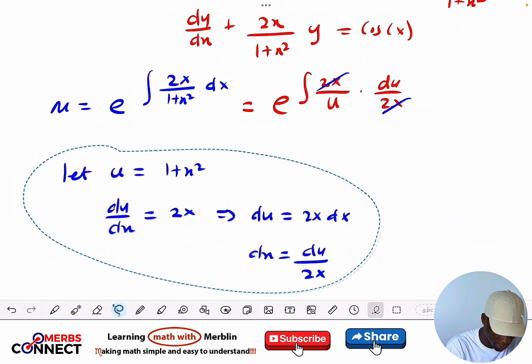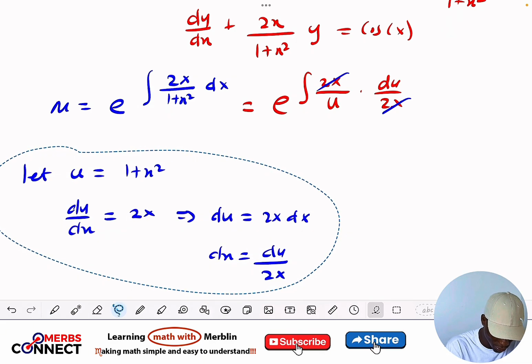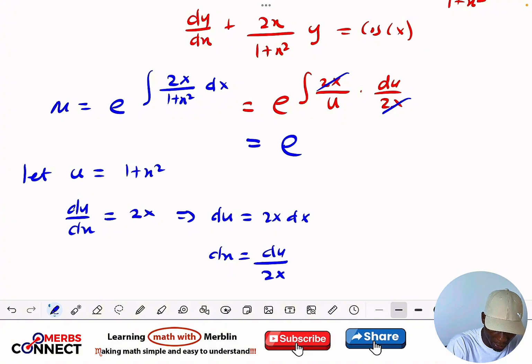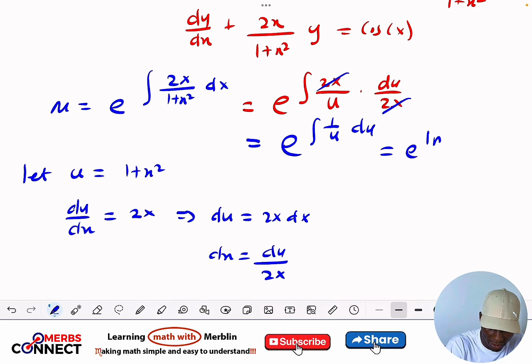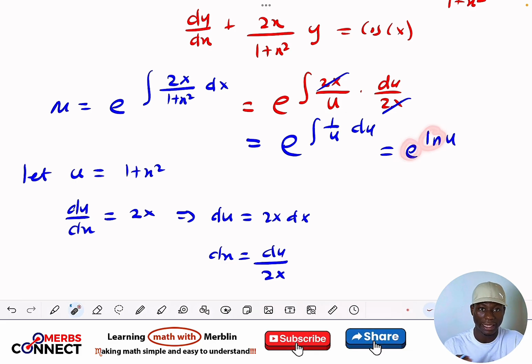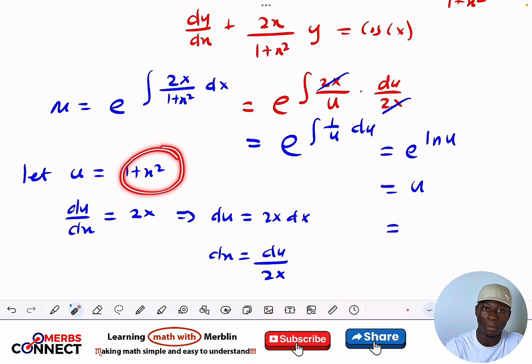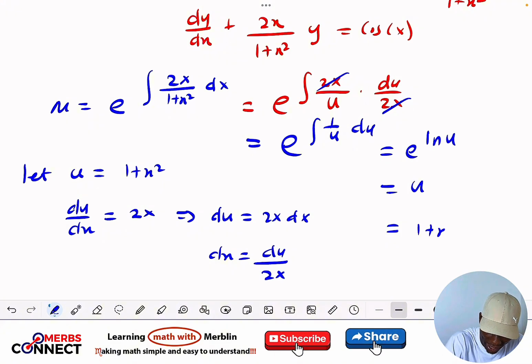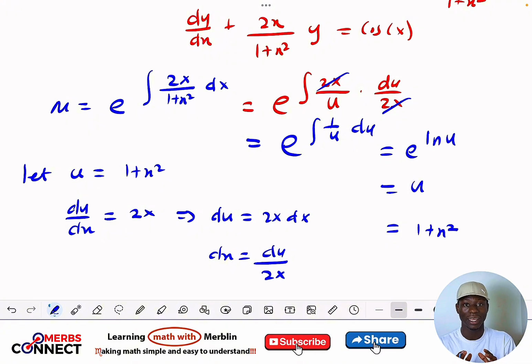So I'm going to have e to the power integral of 1 over u du. When I integrate 1 over u with respect to u, I get ln u. Now, since e and ln are inverse, this is basically going to give us u. And what is u? We saw that u is 1 plus x squared, right? Very nice. So this is the integrating factor.